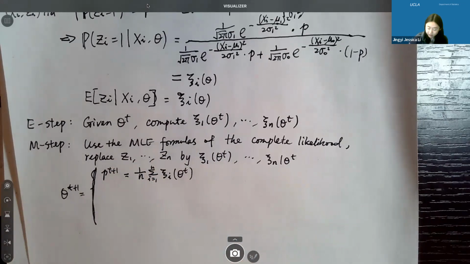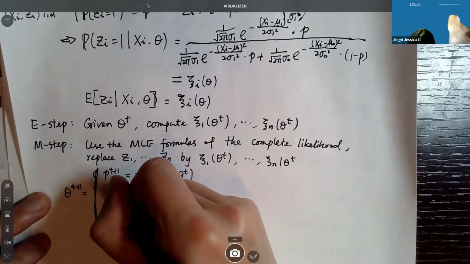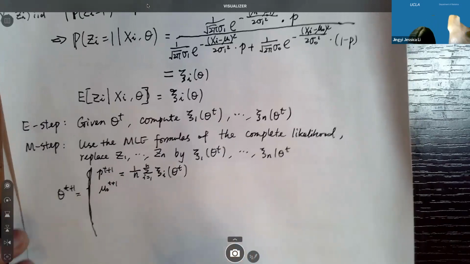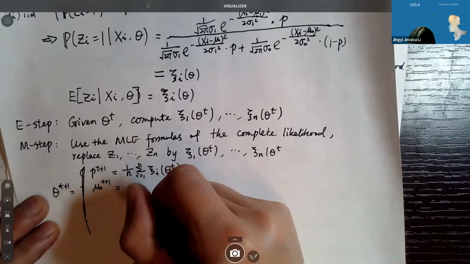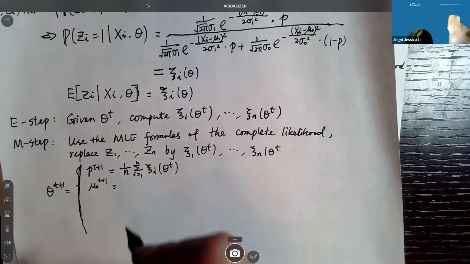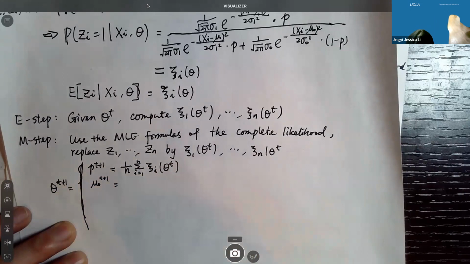Okay, and for mu 0, the normal mean for the class 0, it used to be the average of the xi's for which zi equals 0. That's how we compute it. So we're going to just replace zi's by this psi I theta t.